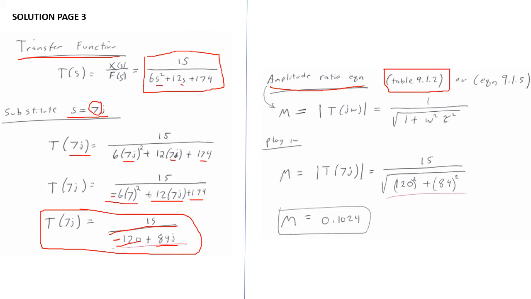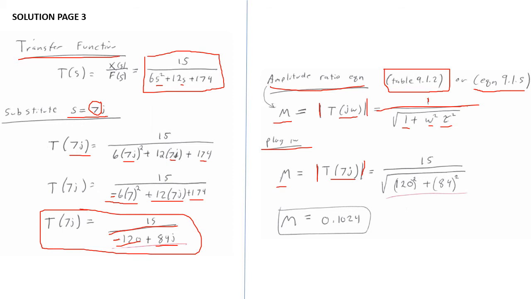Now we can go to our amplitude ratio equation, which we can find on table 9.1.2 in our text, or equation 9.1.5, where M, our amplitude ratio, is equal to the absolute value of T of j omega, which is equal to 1 over the square root of 1 plus omega squared tau squared. So we can plug in: M is equal to the absolute value of T of 7j.